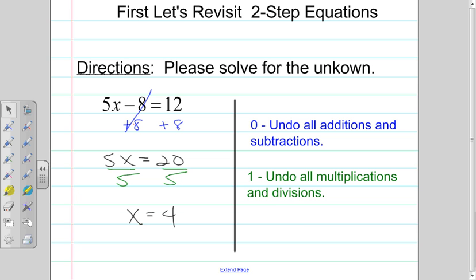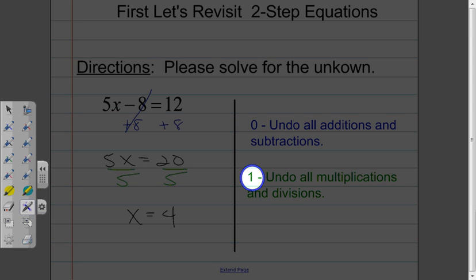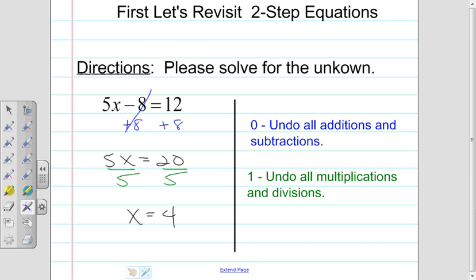And I use the 1, again, because you're making the number 1 when you undo multiplication and division, such that here when I had 5 times x equals 20 and divided both sides by 5, it's because 5 over 5 equals 1. Now just a quick review of that. If you notice here, I'm crossing out, and you notice here I'm crossing out. But when I cross out in blue, I'm actually getting the number 0. And when I cross out in green, I'm getting the number 1.